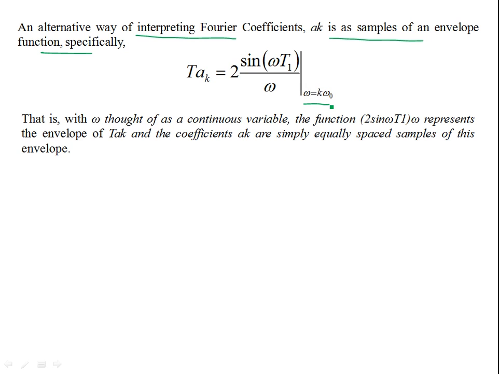As we increase T, omega naught is decreasing, which means the harmonically related Fourier coefficients are coming closer and closer together, with omega thought of as a continuum variable. The function represents the envelope of not ak but T ak, and the coefficients ak are simply equally spaced samples of this envelope.